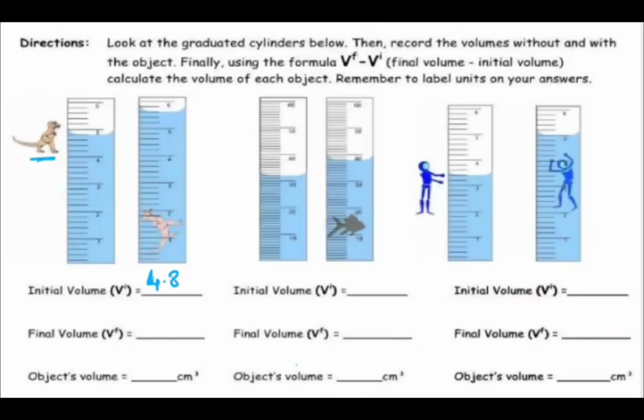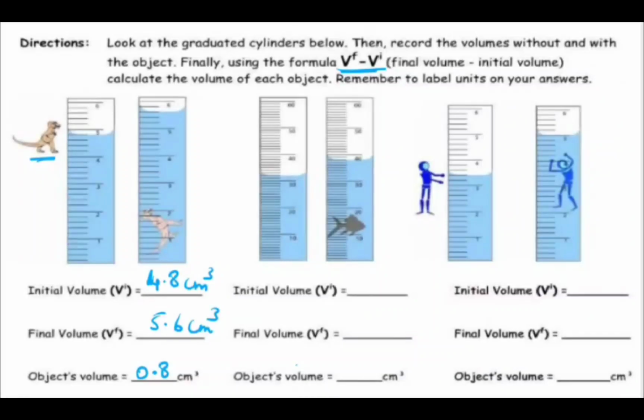Final volume is 5, 5.2, 5.4, 5.6. Final volume is 5.6. So now, centimeter cube. What am I going to do? Final volume minus the initial one. So final is 5.6 minus 4.8 gives me object volume of 0.8 centimeter cube.